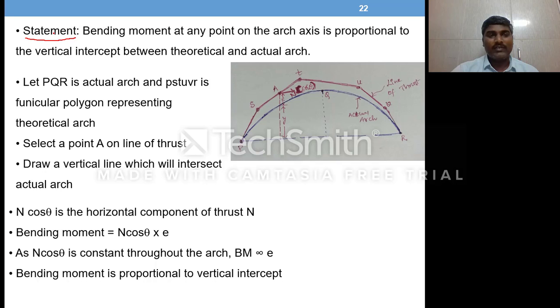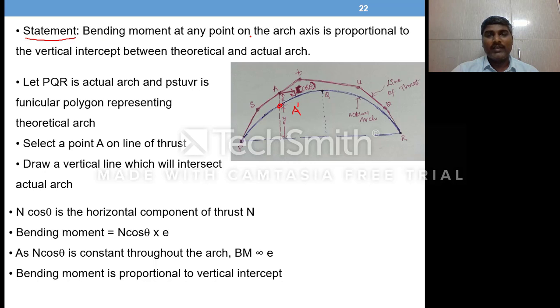Now let us see once again the statement. The bending moment at any point. The point chosen here is the point A, and the corresponding point on the actual arch is this one. This is the point selected on the actual arch. You may name it as A dash. A being the point on the theoretical arch, A dash being the point on the actual arch.